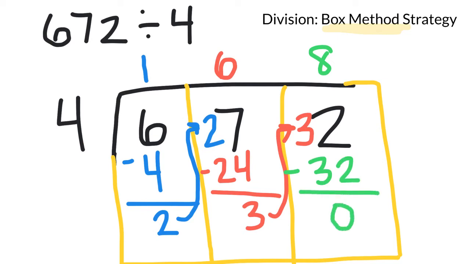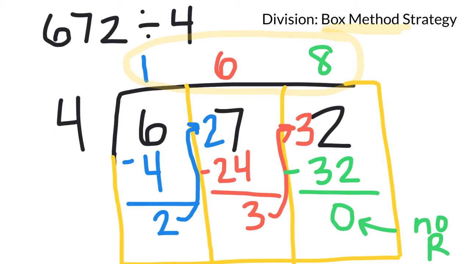Since I have 0 left at the end, that means that I have no remainder. Nothing was left over. And then if you look at the top of your problem, you'll see your answer.